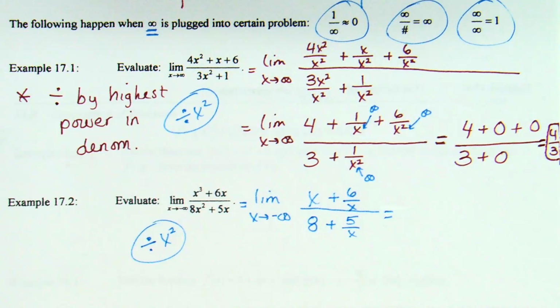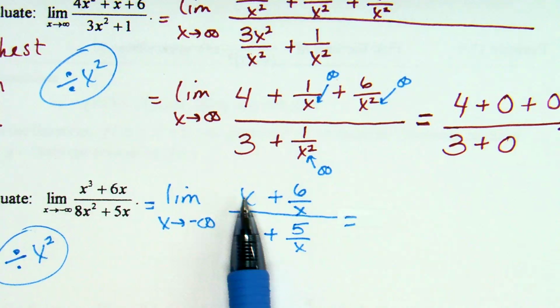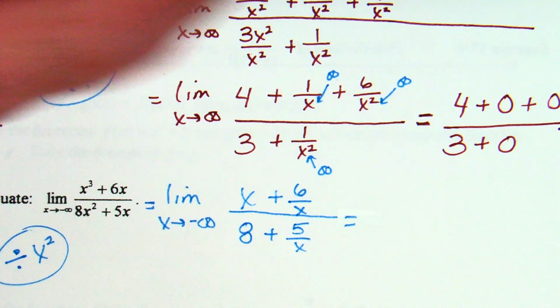So this time, last time I was plugging in positive infinity. This time, in a sense, I'm plugging in negative infinity. Yes? So when you plug negative infinity into x, I'm going to write that as negative infinity. Plus, what about 6 divided by negative infinity? Still 0.